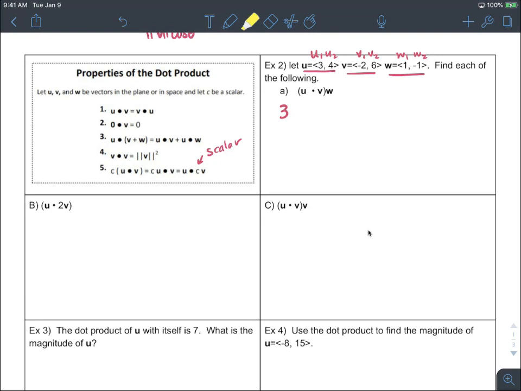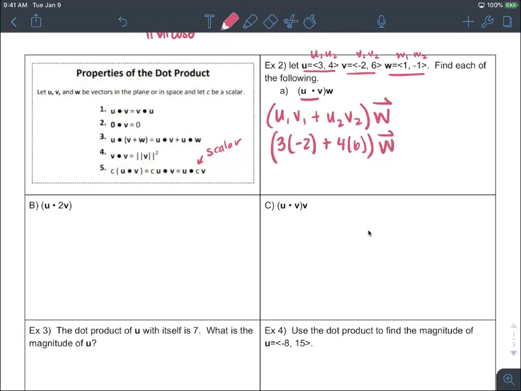For this inside part, the dot product is u1 times v1, so the x parts, plus u2 times v2. That'll give me just a number, and then I'm going to multiply by my vector w. So I get 3 times -2 plus 4 times 6. That's just a value, a scalar. So -6 plus 24 is 18.